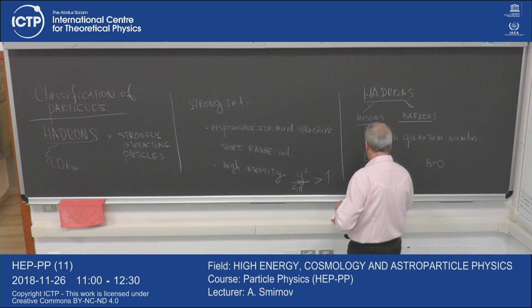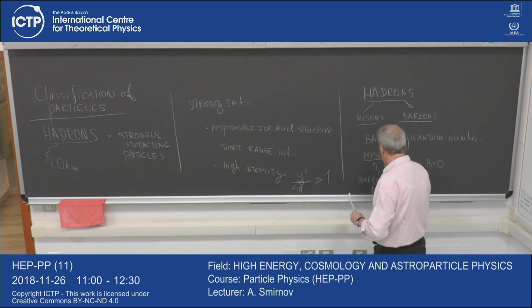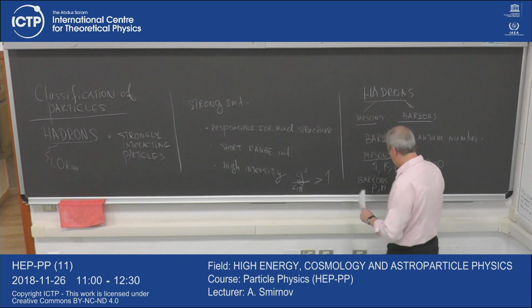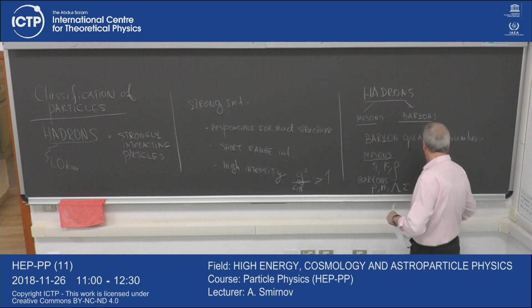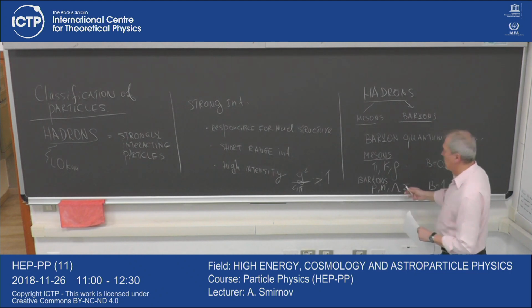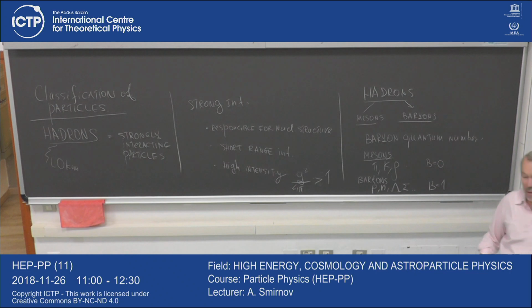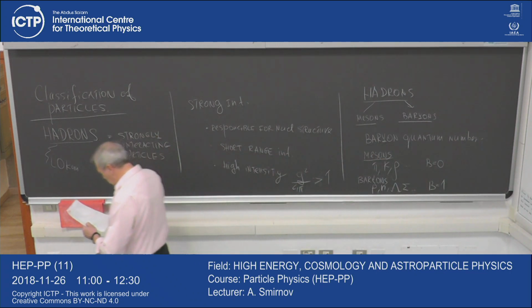Baryons, like proton, neutron, then I also mentioned lambda hyperon, sigma hyperon, etc. They have baryon number 1, and corresponding antiparticles have baryon number -1. So this is an additive quantum number.